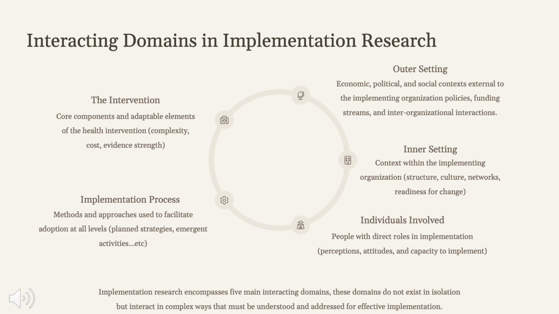The individuals involved and their knowledge, attitudes, and capacity for implementation. Finally, the implementation process, which includes the strategies and methods used to promote adoption. Effective IR requires understanding these interactions thoroughly. These interactions will also be revisited in Lecture 5.